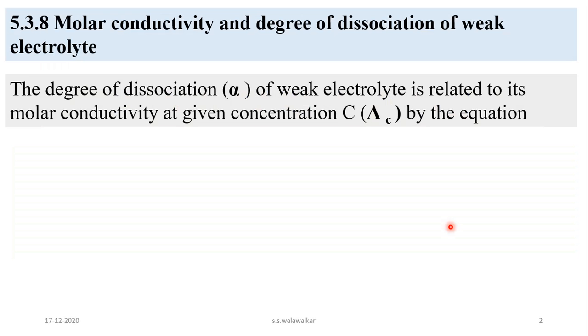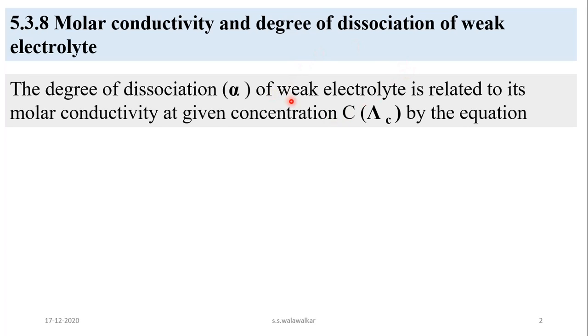What is meant by degree of dissociation of weak electrolyte? That we have studied in the first video on ionic equilibria topic. So degree of dissociation of weak electrolyte is the fraction of total number of moles of electrolyte.